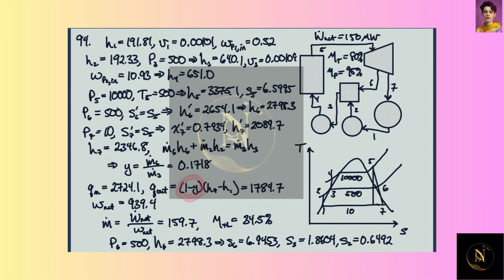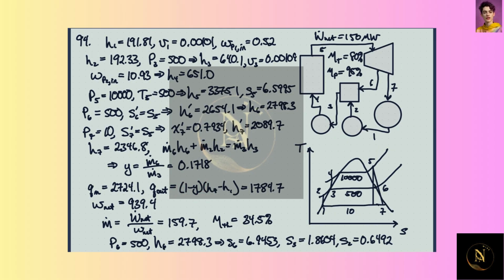We need to multiply by this factor. This gives us basically the heat flow per kilogram of fluid flowing through the condenser, but that's not the same as the amount of fluid flowing into the turbine. So again, that's what this factor is all about.